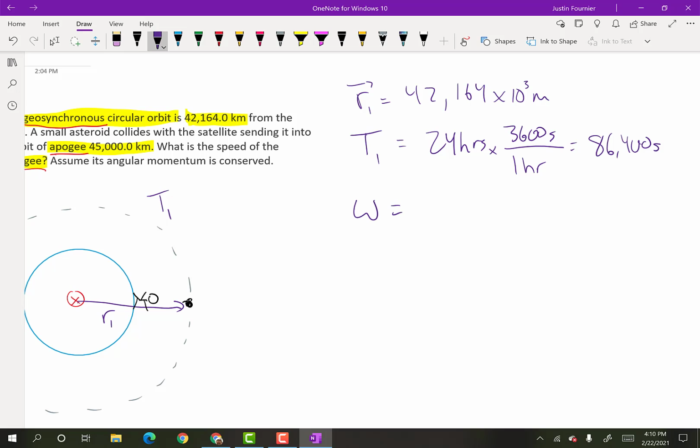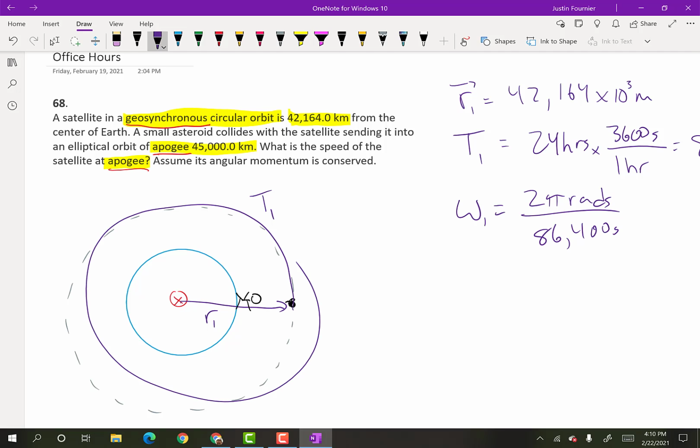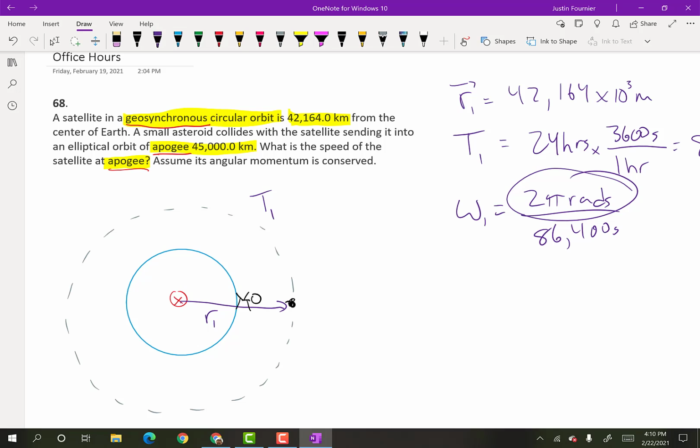Remember, angular velocity is 2 pi radians divided by the period, which was 86,400. I'm just going to leave it at that and plug things in later. So that's omega 1, the angular velocity of this satellite as it orbits around. It goes 2 pi radians in 86,400 seconds.